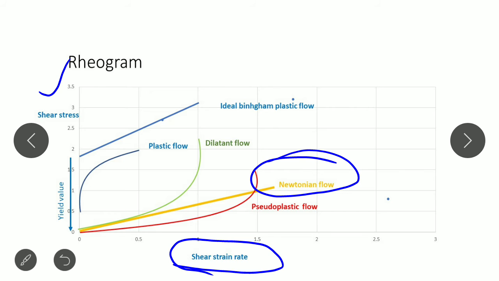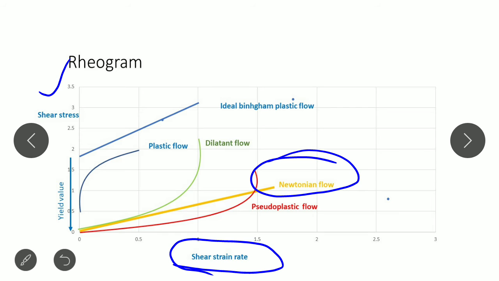That means their viscosity values will remain constant with respect to time and the shear stress you are applying. It means there is a direct proportionality between the rate of shear and the shear stress. So for such fluids, viscosity is independent of the rate of shear, but it will depend on the composition, the pressure and the temperature of the liquid.